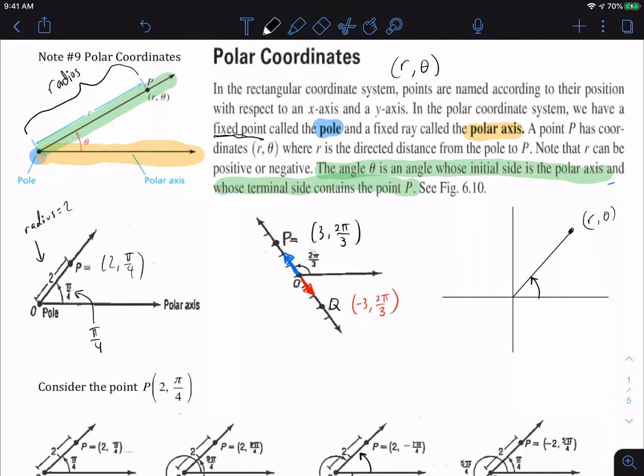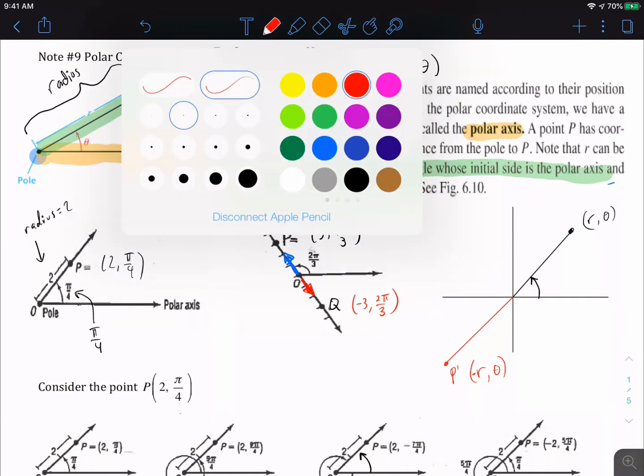Now, if I were to go the other way with that and say it was the same length, this point here is called P prime. And it would be negative r, theta, because instead of going forward, I'm now going backwards from where the angle is. Does that make sense? Okay, cool.